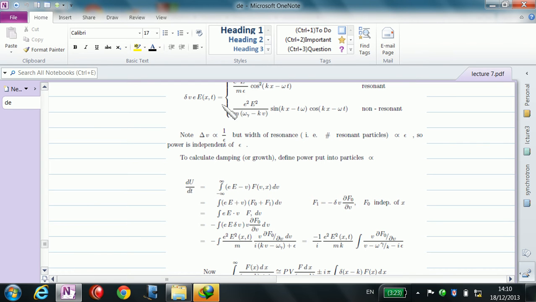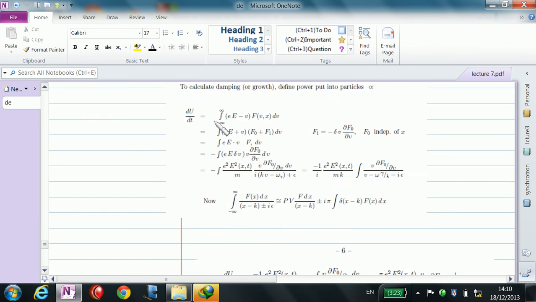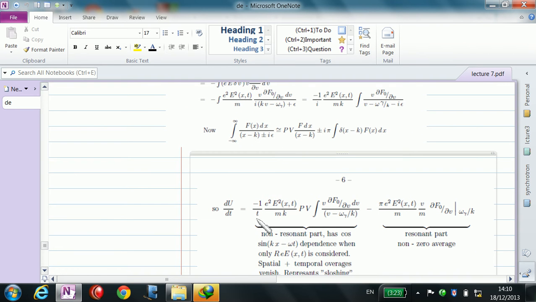It's just delta V times the force, and the rate at which it absorbs energy is equal to a non-resonant part which oscillates, and a resonant part.